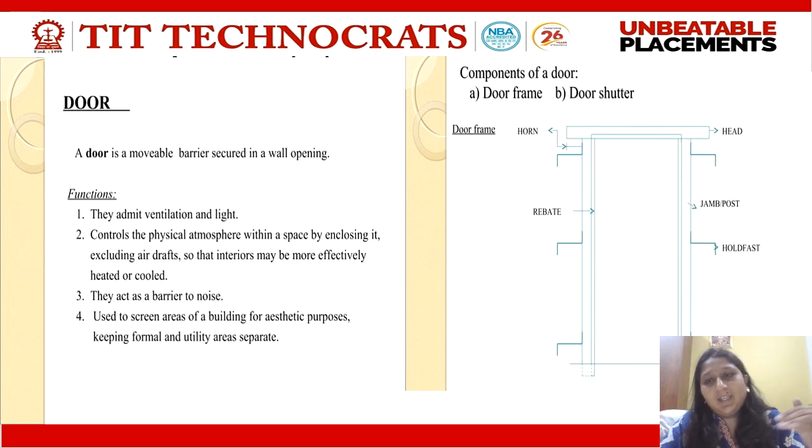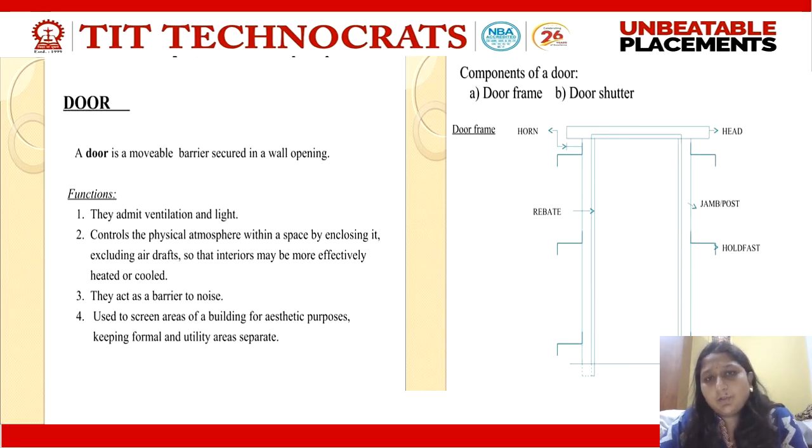If I get disturbed by the noise of my neighboring class, I may close the door. They are also used to screen areas of a building for aesthetic purposes. Nowadays we have a variety of doors available to increase the aesthetics, meaning the appearance of your building. The look of your building can be improved by the different types of doors available in the market.